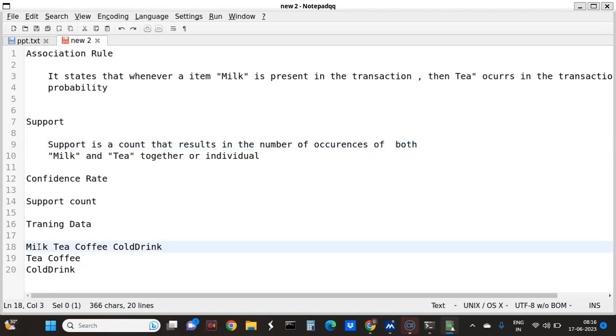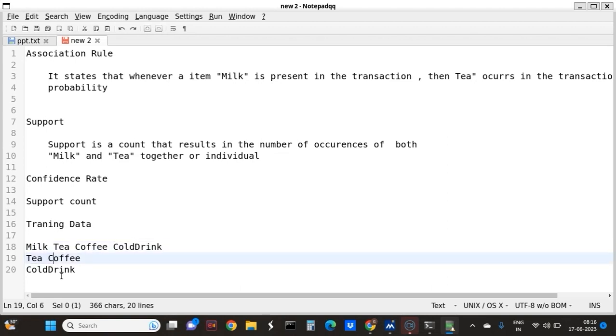This is milk, and this is milk and tea. But there is no other milk, only tea is there. So the output of this will be 2.